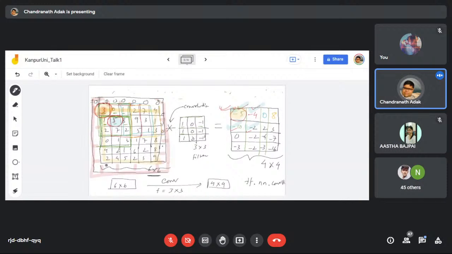Previously it was 6 cross 6. Now what will be the size? 8 cross 8, right? On the left I am increasing 1, on the right I am increasing 1.